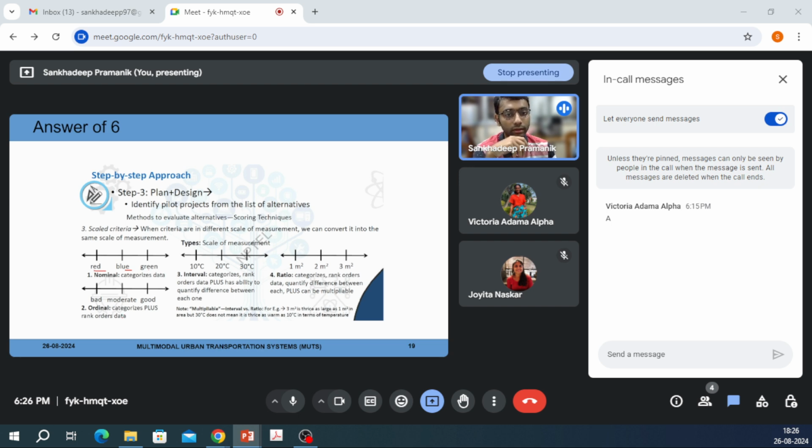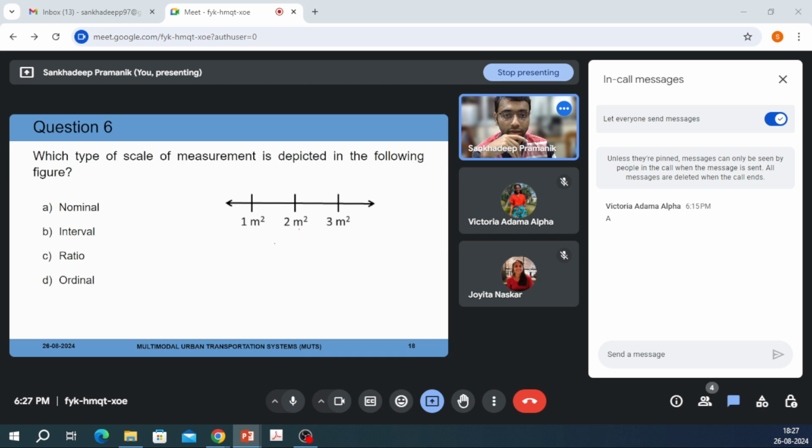Ordinal is there is some order, or like good, better, best, similar to that. Then interval is like temperature. These kind of data are interval data, and ratio is where you can add, multiply, or every mathematical operation can be done with that kind of data. So this is actually ratio measurement depicted in this figure.